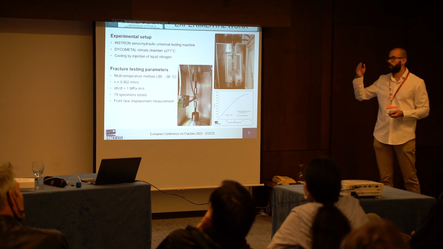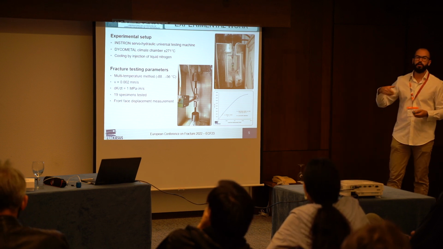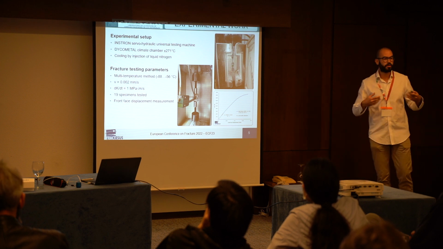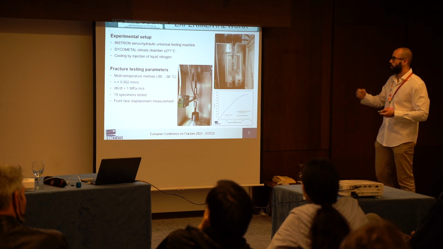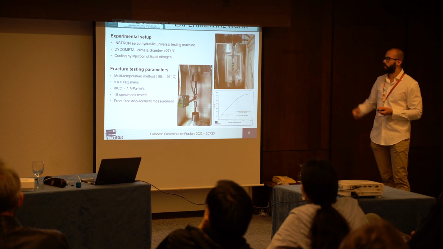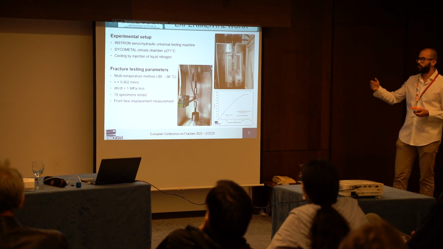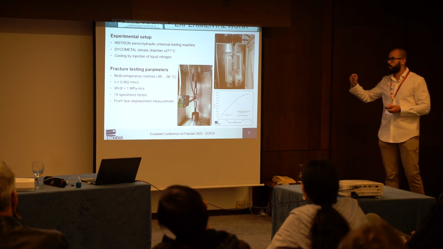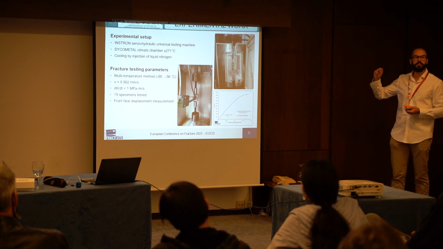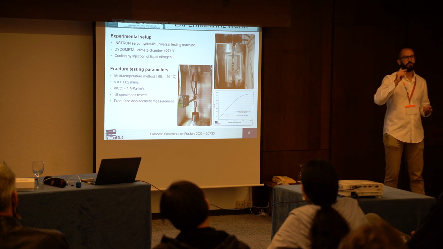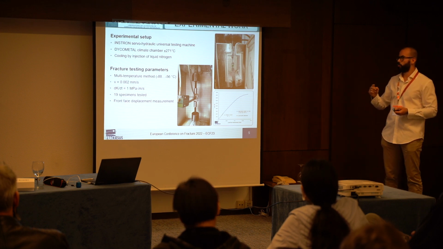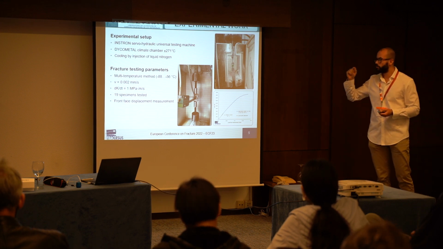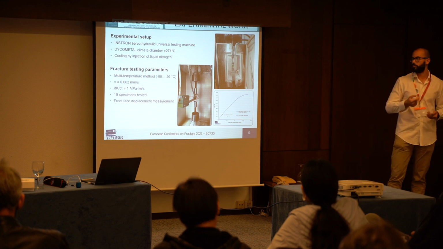The specimens were cooled with liquid nitrogen in a climate chamber. The loading rate was 1 megapascal square root of meter per second, and the important thing here is that we are measuring the displacement in the front face. So subsequently, for the analysis, we had to convert this value into the load line displacement.